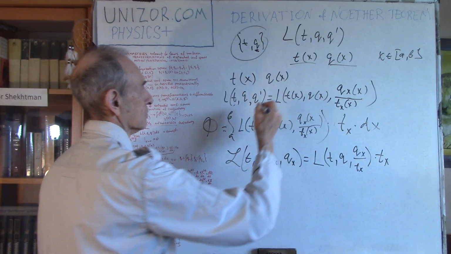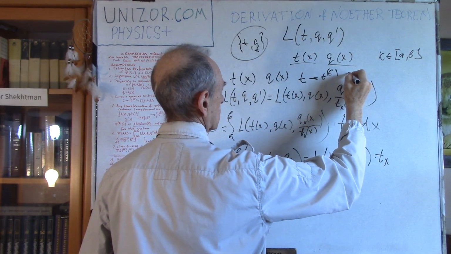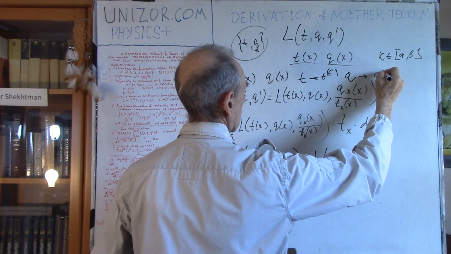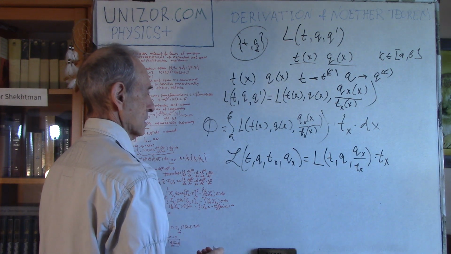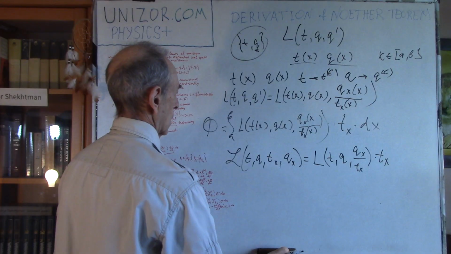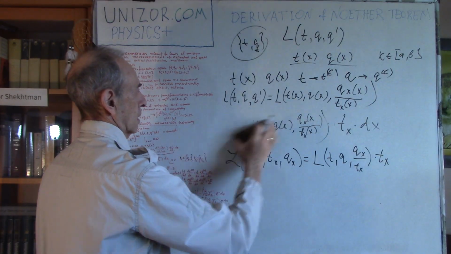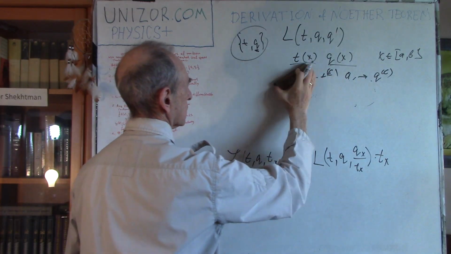So now what I have to do is, for example, my transformation is changing from t to t epsilon, from q to q epsilon. Now my Lagrangian obviously would also be changed. And now I will talk only about this form of Lagrangian.